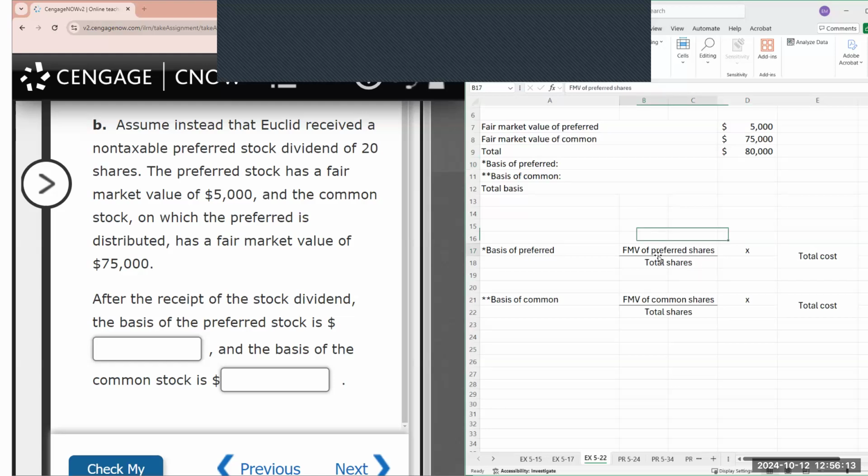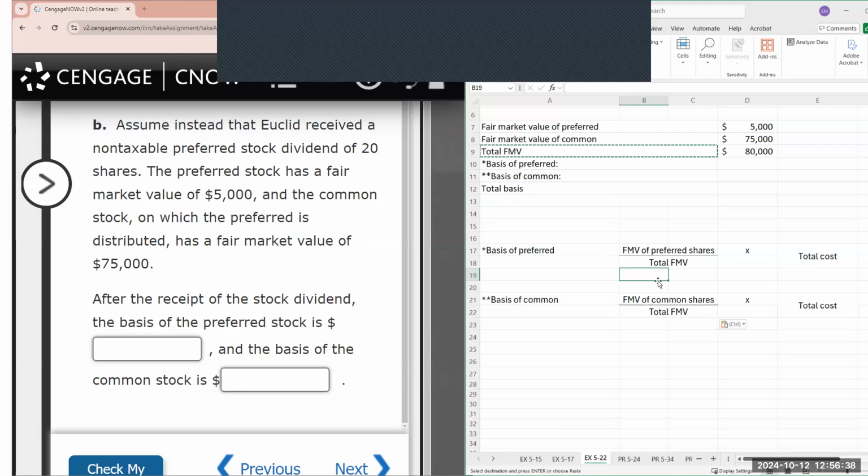It will be the fair market value of the preferred shares divided by the total fair market value of shares. All right, so it'll be as follows.